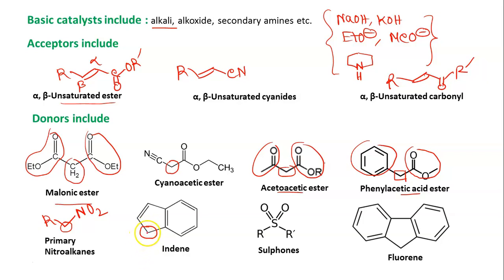Actually, this is active because after removal of one of the protons, the carbanion that is generated, if you look at the structure carefully, this particular ring contains a total of 6 electrons. So this is aromatic, and the right hand side ring is already aromatic. So as after carbanion generation we are getting an aromatic ring, that will lead to the stability of this carbanion, though there is no electron withdrawing group.